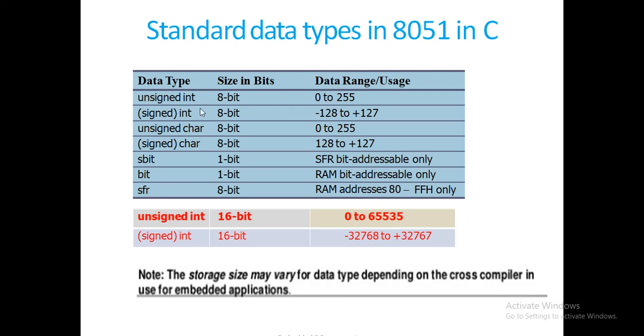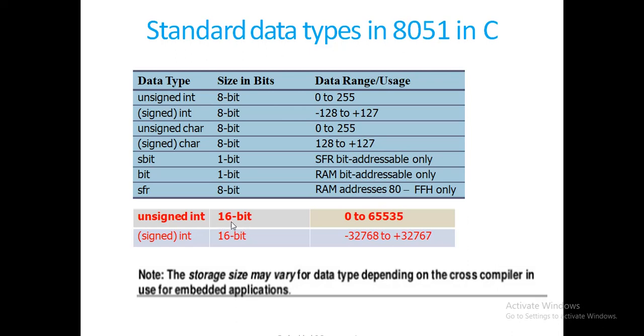Why do I take the size as 8 bits in this lecture? Because we are using the 8051, which is an 8 bit microcontroller. That's why I chose 8 bit, because every register inside the 8051 is an 8 bit register. It can process only 8 bits at a time, but the Keil cross compiler can work with 16 bit.